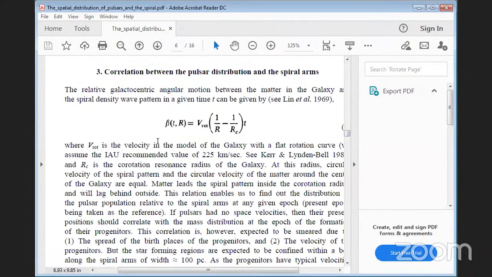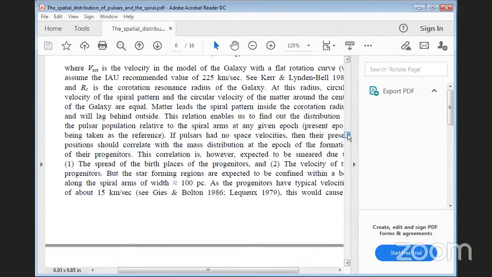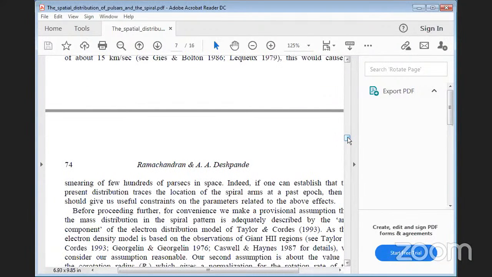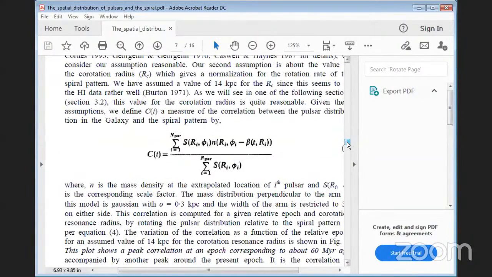Sorry, this is the matter rotation, and the spiral density wave will have a fixed rigid rotation where the velocity scales as radius. So one basically takes the present population and tries to rotate it back or rotate it forward, depending on which way the spiral arms would have moved, and see if there is a match in the pattern that is predicted and what is observed.